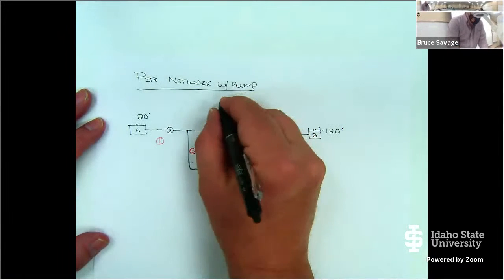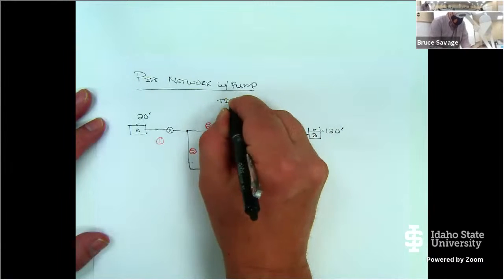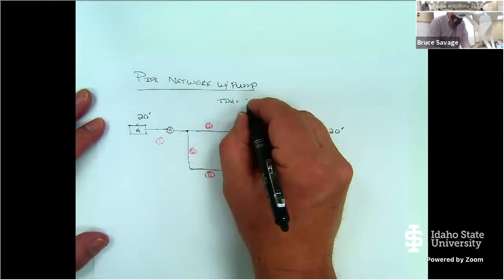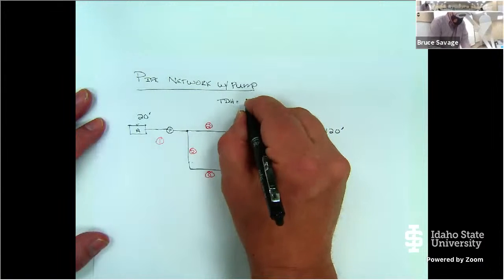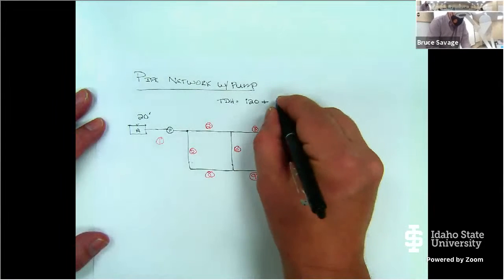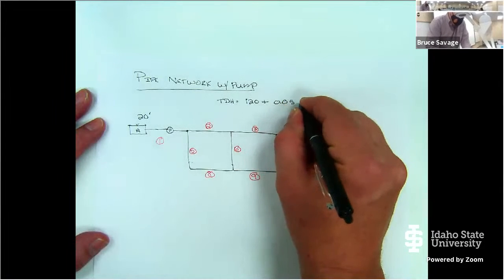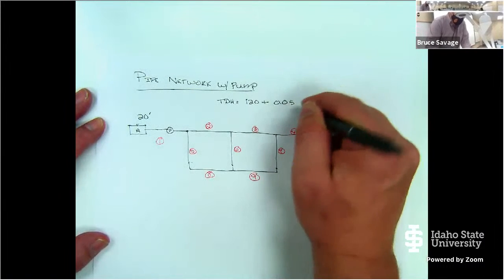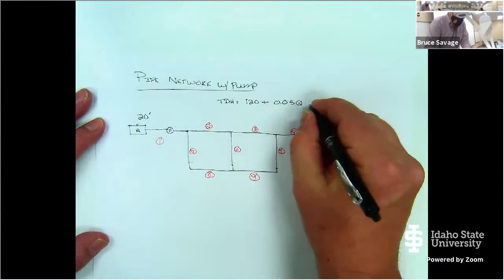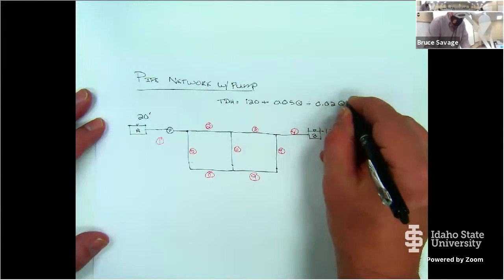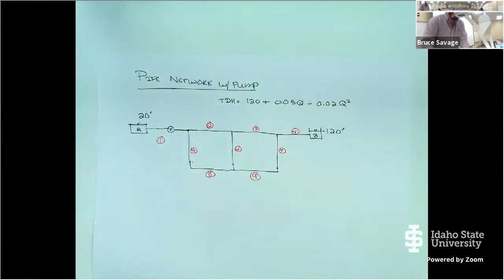And our pump has a total dynamic head of 120 plus 0.05 times Q minus 0.02 Q squared. So that's our pump equation.